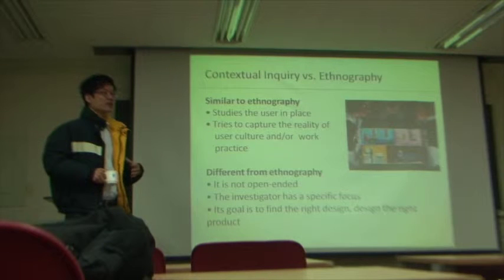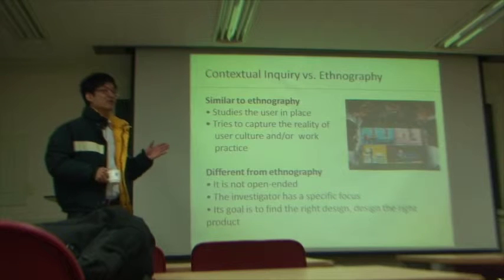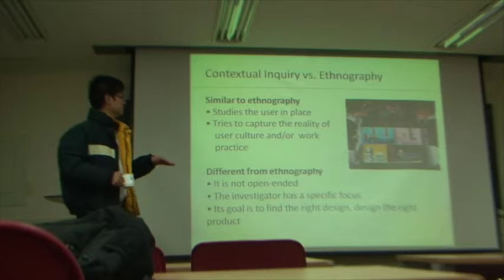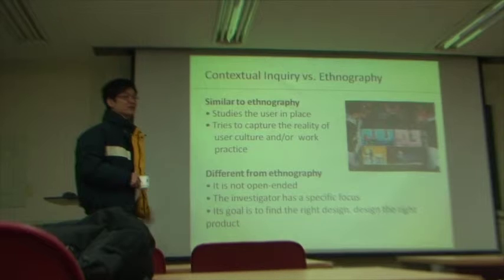We already have some idea about the problems we try to resolve, and we look for the problems that take place in the field. So contextual inquiry is not really open-ended.